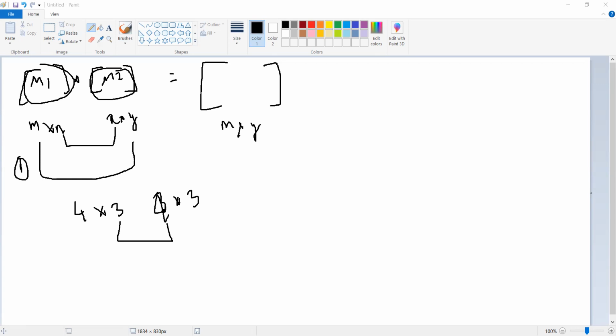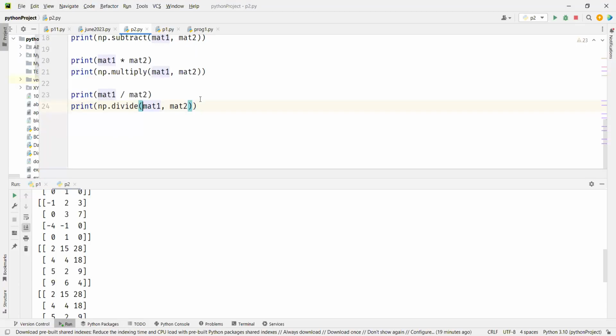To perform matrix multiplication, we have a function called matmul. Actual matrix multiplication is done using matmul.